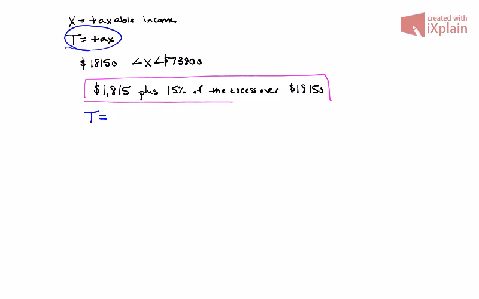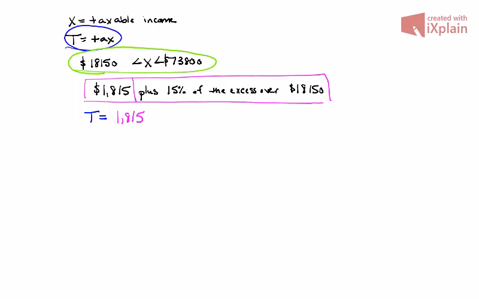We know that anyone who has a taxable income that is in between these two dollar amounts automatically has to pay $1,815, okay? So we know for sure that they pay that right off the bat.